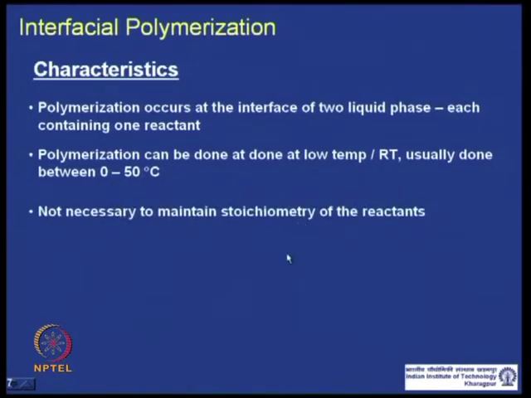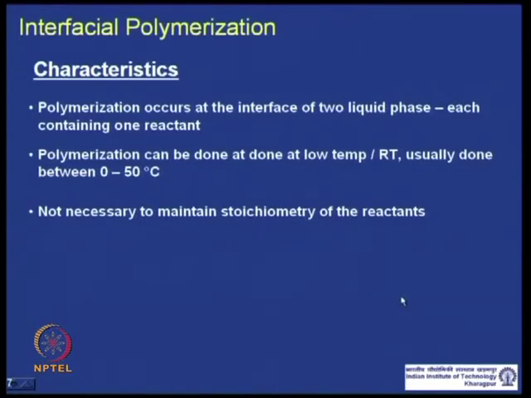Now, because the reaction is happening at the interface, and at the interface one reactant is reacting with the other reactant, you need not maintain a stoichiometry very close to 1:1 like in the linear polycondensation reaction.